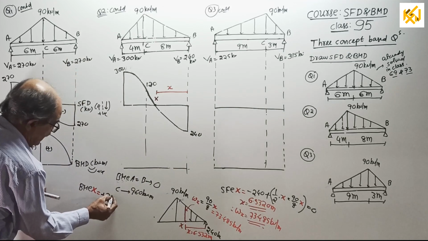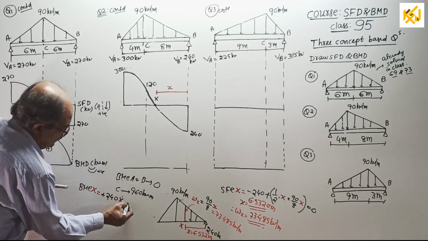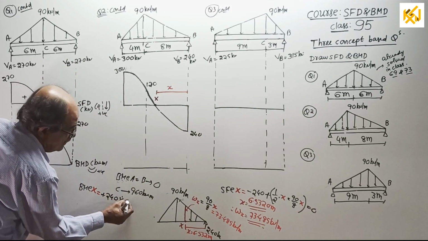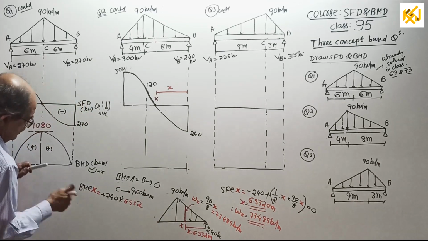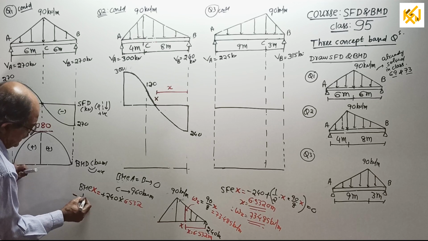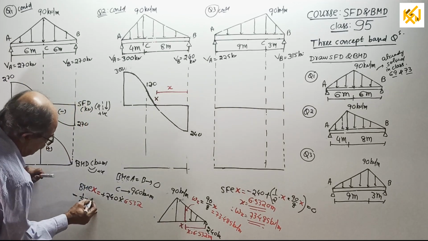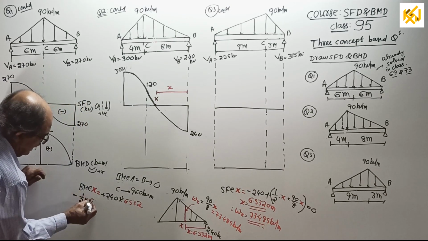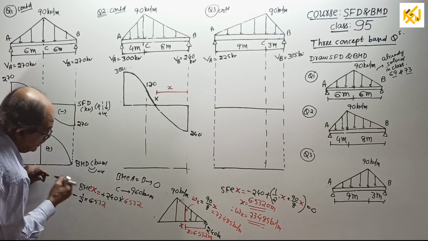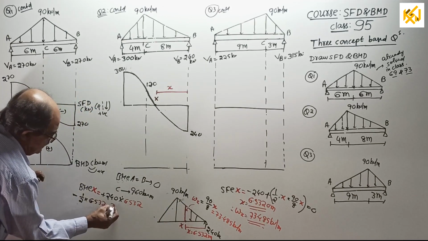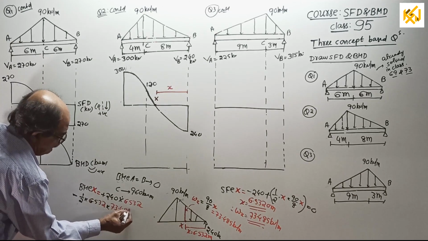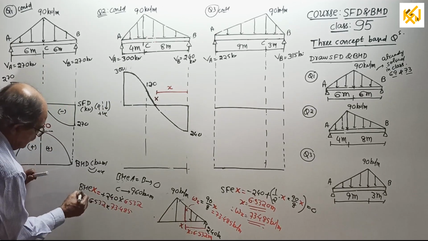Plus 240 into 6.532 minus half into 6.532, red color is not required, 6.532 into, this height is 73.485, the total load.